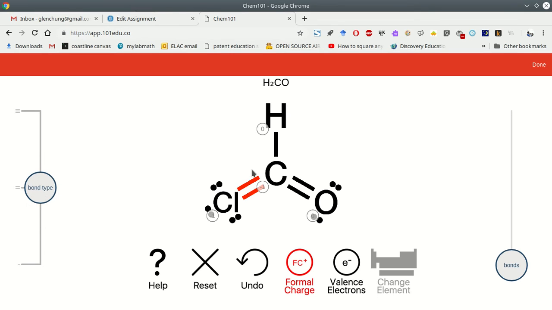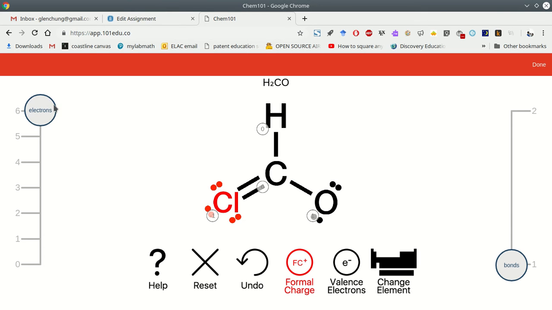Suppose you took off the lone pair from this atom, and you kept the lone pair on the oxygen. How would you know that this isn't correct? All the rules that I've used so far for the H2CO structure are honored when I draw the structure like this.